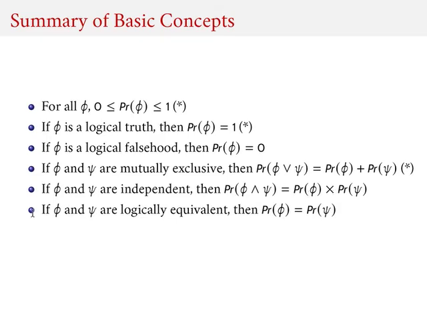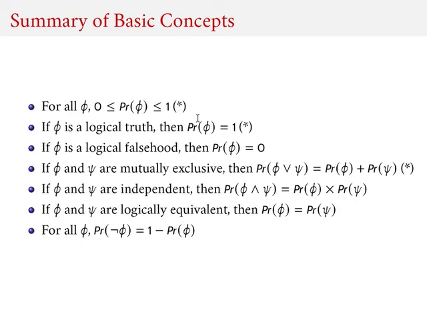Then if phi and psi are logically equivalent, they have the same probability. And this final rule, which I haven't introduced above but will return to in a future lecture, is that for all phi, the probability of its negation, not phi, is 1 minus the probability of phi.